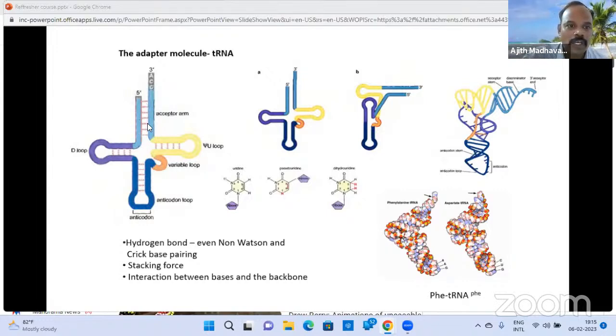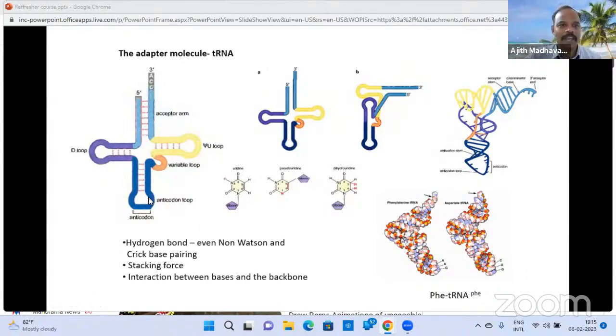You have a 4-stem loop structure or 3-stem loop structure and a stem structure. The stems are the regions where the nucleotides have found their complementary bases. The loops are the places where there is no matching, there is no complementarity.